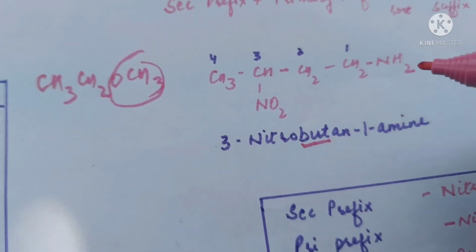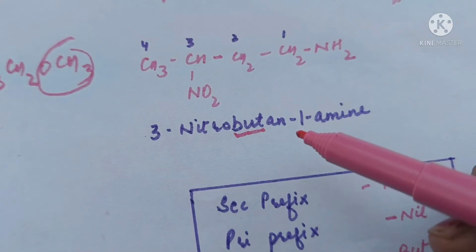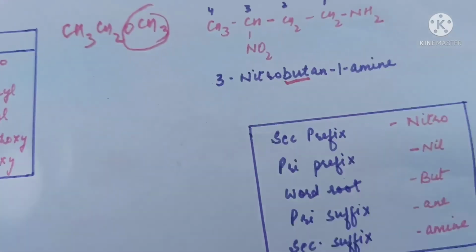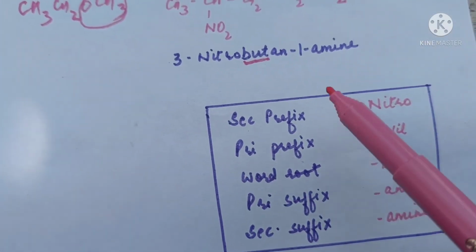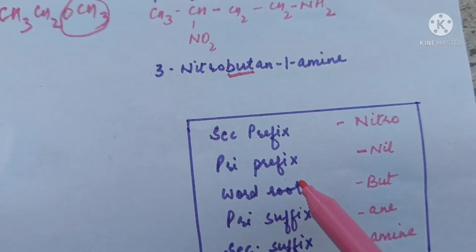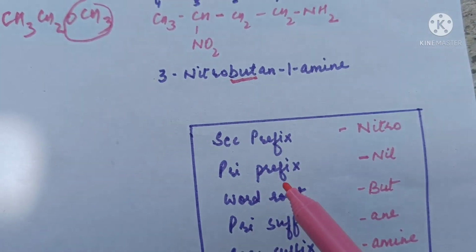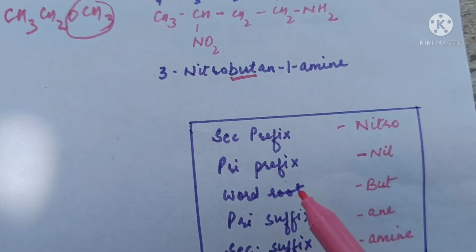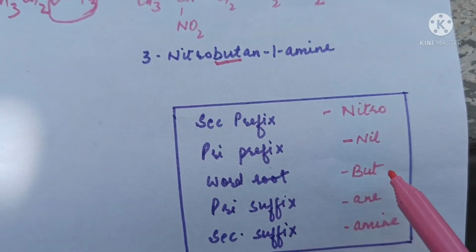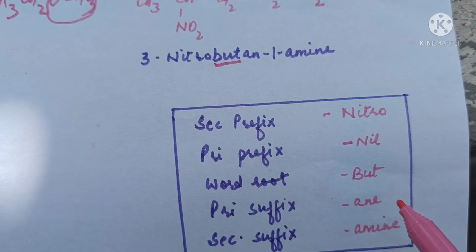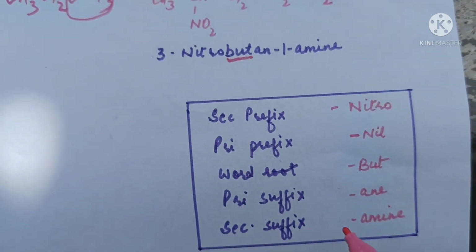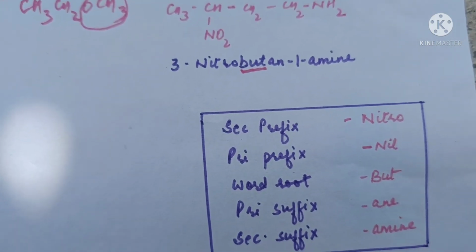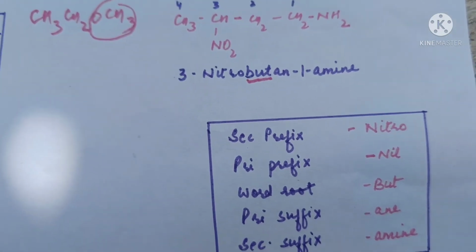So the name becomes 3-nitrobutane-1-amine. So in this compound, the secondary prefix is nitro. As it's not a cyclic compound, there is no primary prefix. The word root is but for 4 carbon atoms, the primary suffix is ane for single bonds, and the secondary suffix is amine. So this is how we name an organic compound.